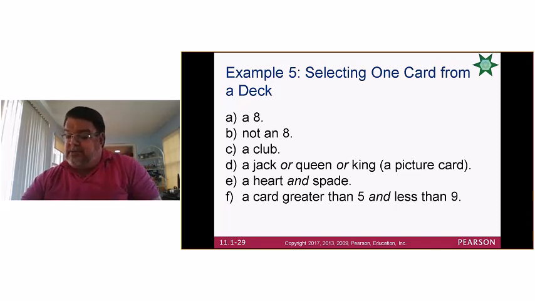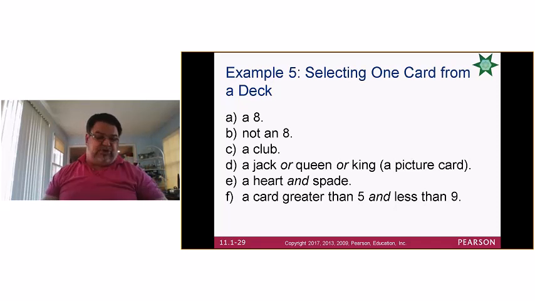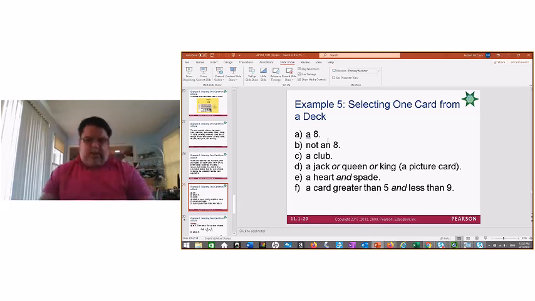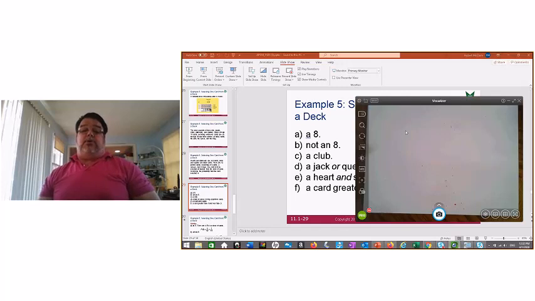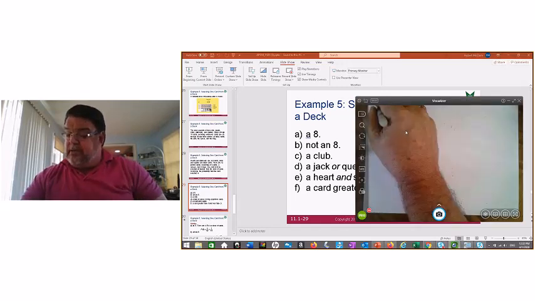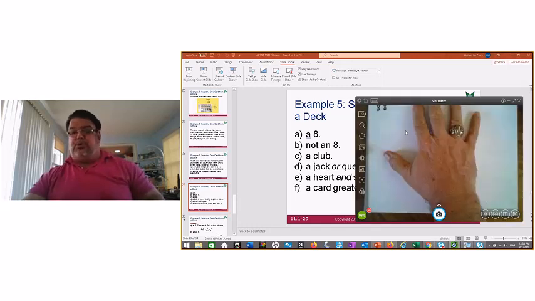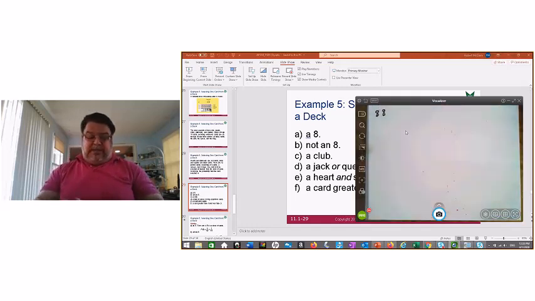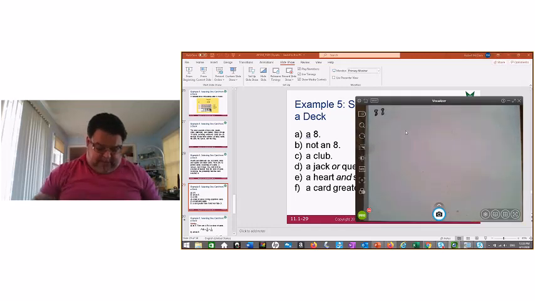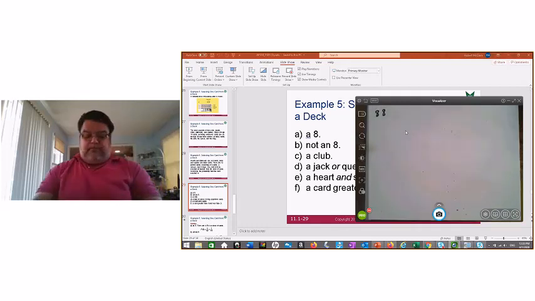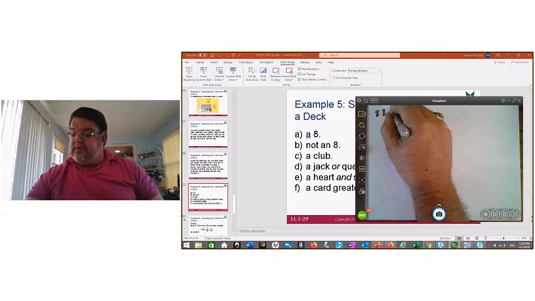So we know that there's 2 black 8s in a deck of cards, and we know that there are 2 red 8s. This is the kind of thinking you need.